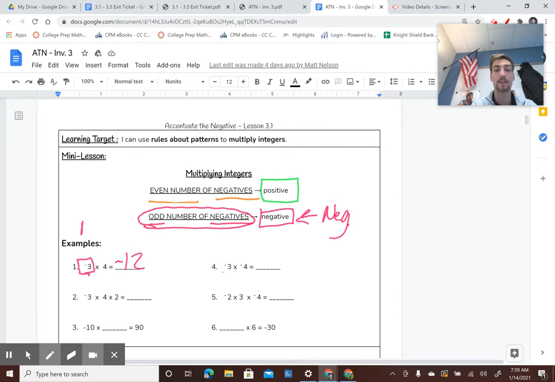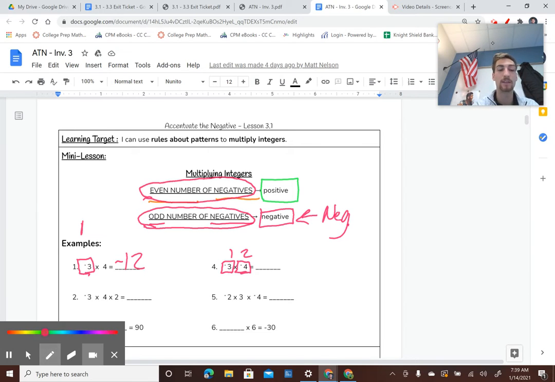All right, let's take a look at the second problem. I'm going to circle my negative numbers and then take a look at how many negative numbers I have in my problem. Well, I have 1, 2 negative numbers. Is 2 an odd or an even number? 2 is an even number, so I have an even number of negative numbers in my problem.